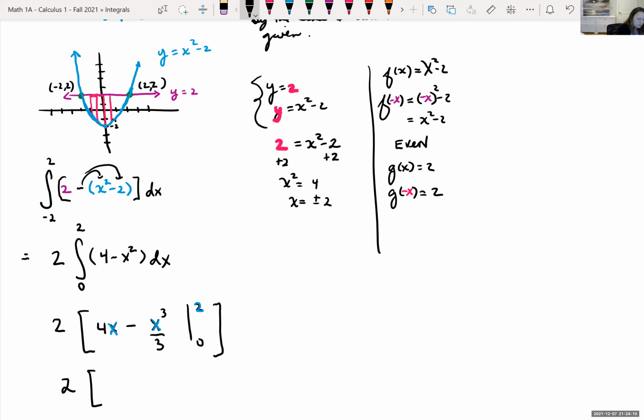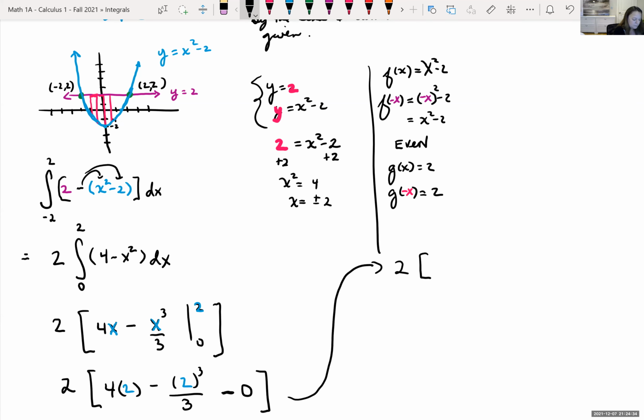So we have 2 times 4 times 2 minus 2 cubed all over 3, minus our lower bound. But notice when we plug in 0 wherever we see an x, the antiderivative is just 0. So simplifying inside the bracket, 2 times 4 is 8 minus 2 cubed, which is 8, all over 3.